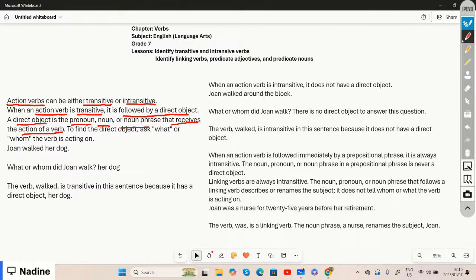So once again, a direct object is either a pronoun, a noun, or a noun phrase that receives the action of a verb.